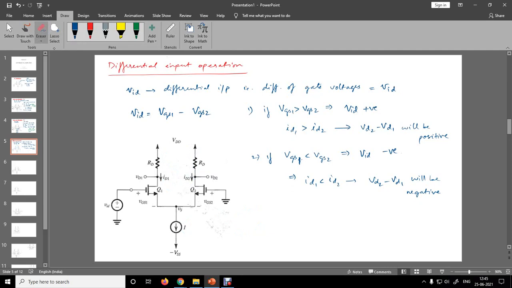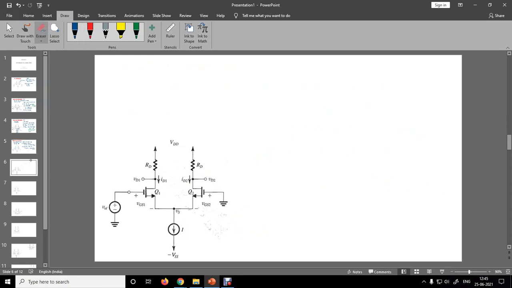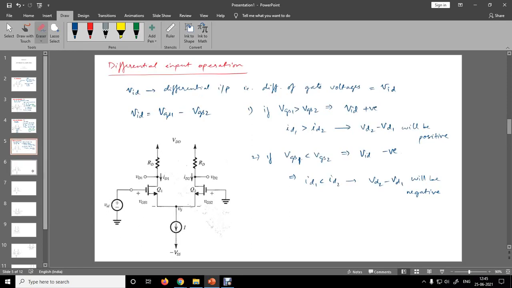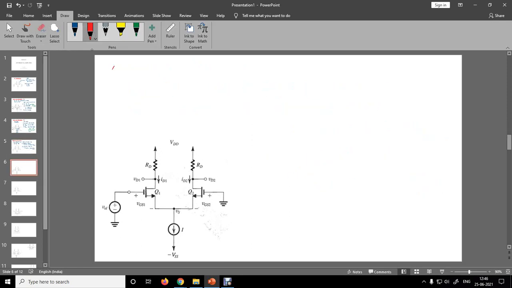Next, let us assume that all the current, current I, flows through Q1. Okay, and of course, according to this diagram, VGS1 is obviously much greater than VGS2.